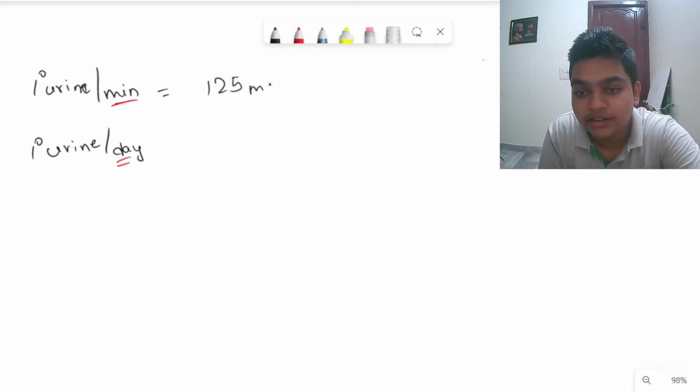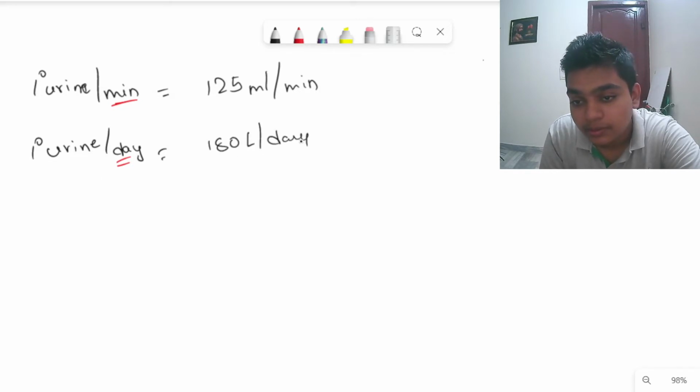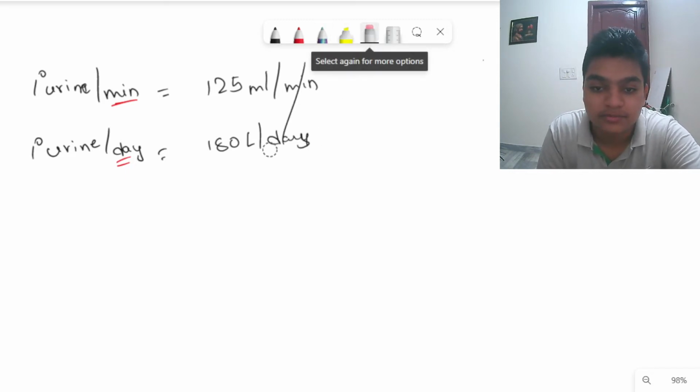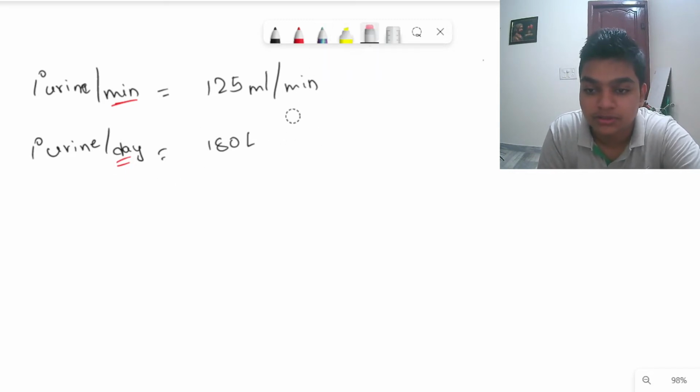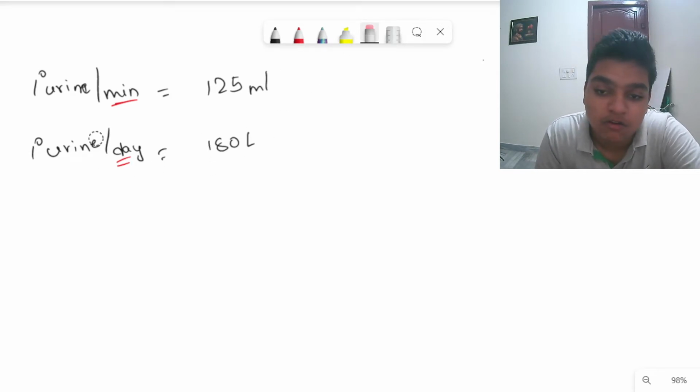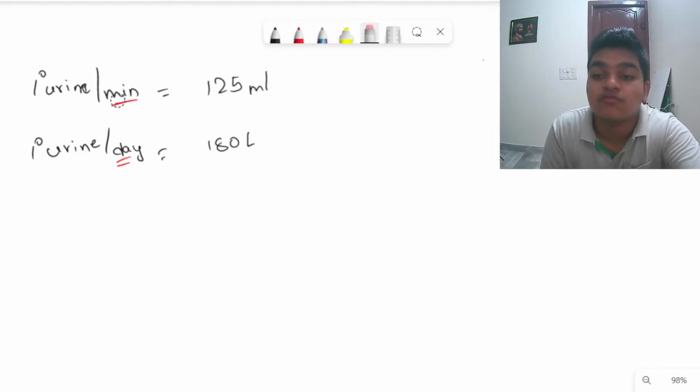It is 125 ml per minute and 180 liters per day. Here you can strike out minute and day since we have already mentioned them. 180 liters of primary urine per day and 125 ml per minute of primary urine.